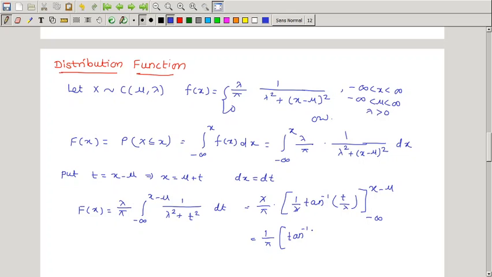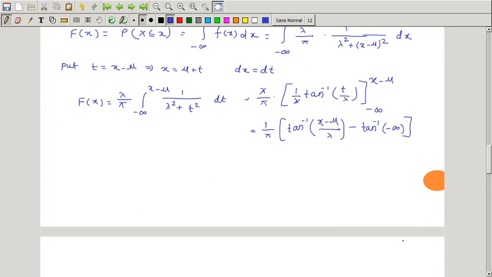tan inverse of x minus mu upon lambda minus tan inverse of minus infinity. So this tan inverse of minus infinity is nothing but minus pi by 2.